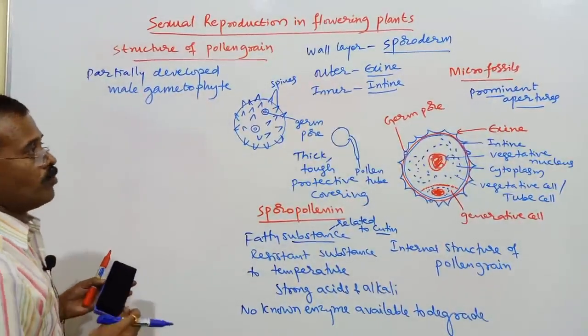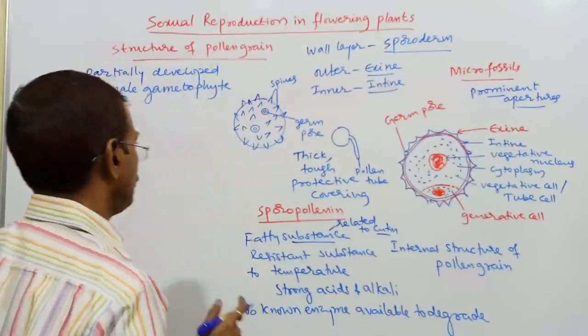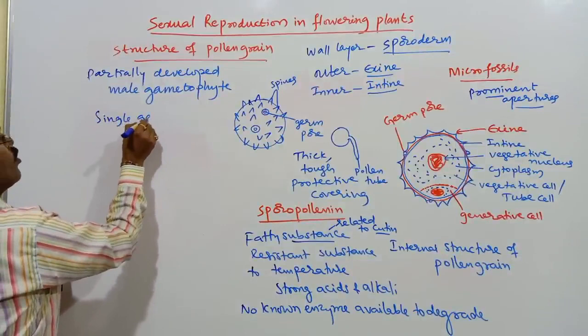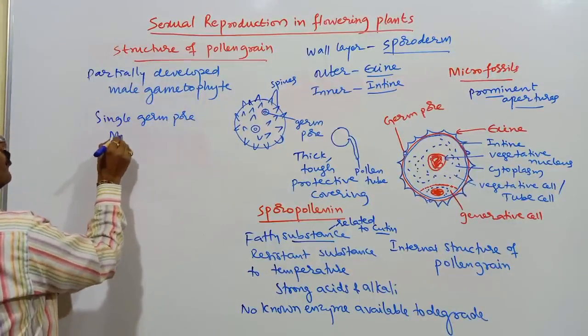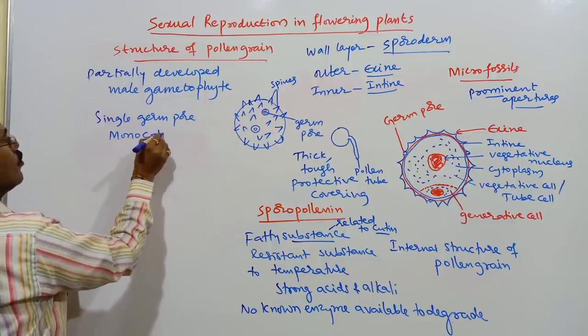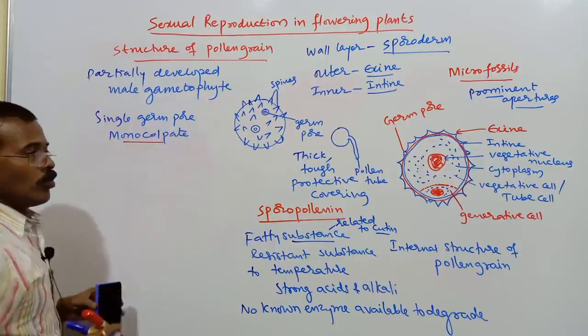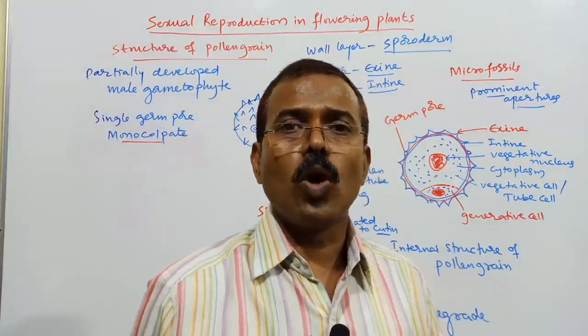Now listen, the number of germ pores is variable, I told. Single germ pore: if a single germ pore is there, we call it monocolpate.